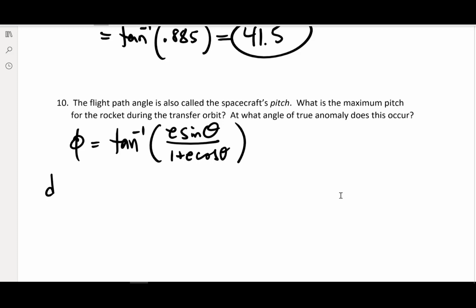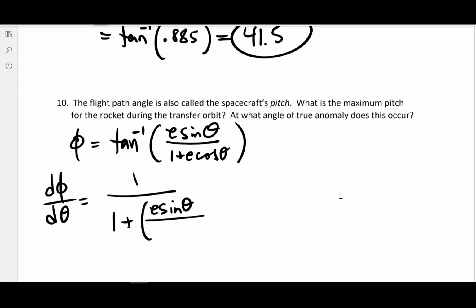So the derivative of phi with respect to theta is a derivative of the tan inverse. When you do derivative of tan inverse, you get 1 over 1 plus whatever is the argument of the function squared. So in this case, E sine theta over 1 plus E cos theta.